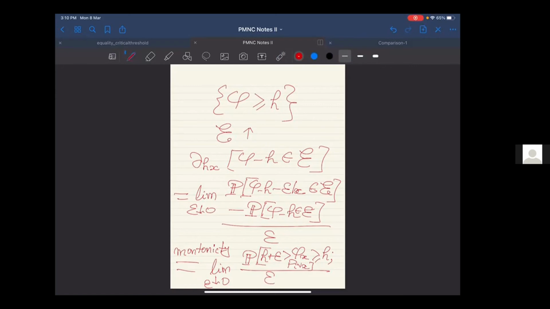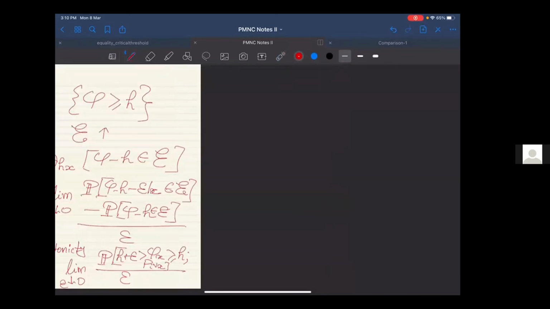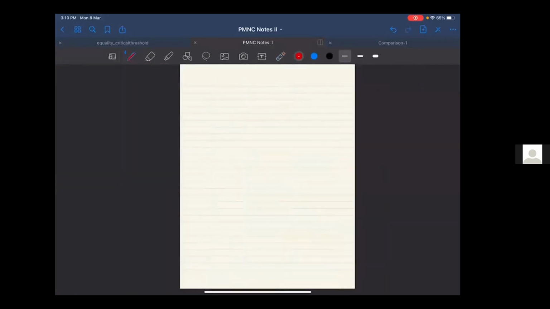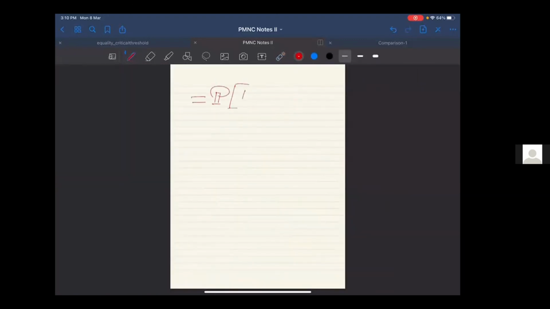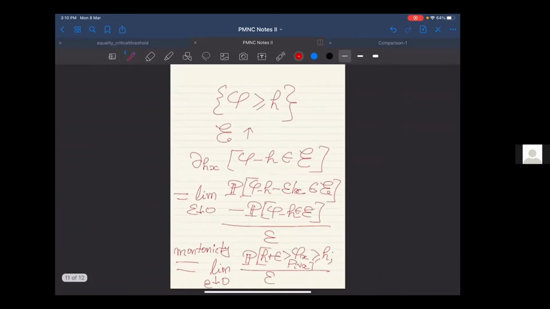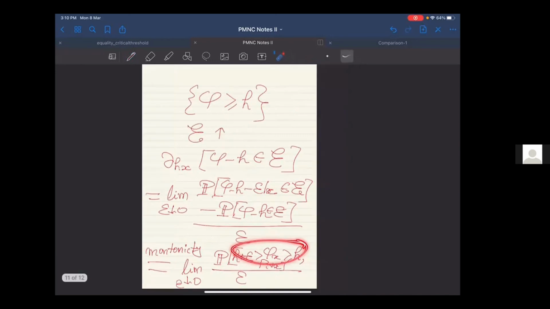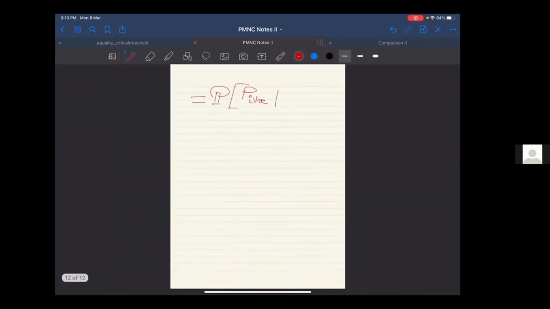So when you take the ratio with epsilon going to 0, if you take the conditioning out, what you'll have is a probability of PVX, and you pull out this event as a conditioning. So you assume that there is some continuity, non-degeneracy in the underlying field.